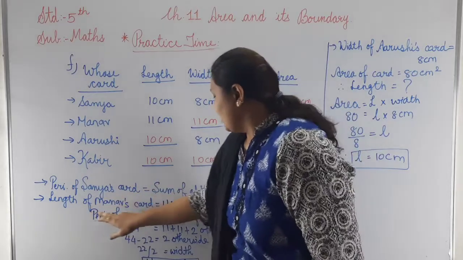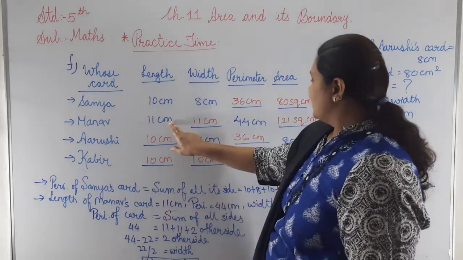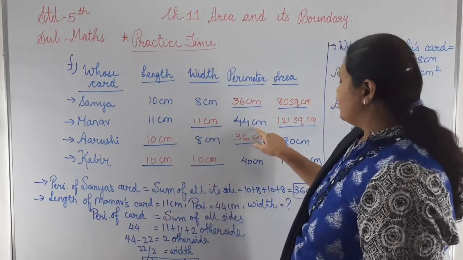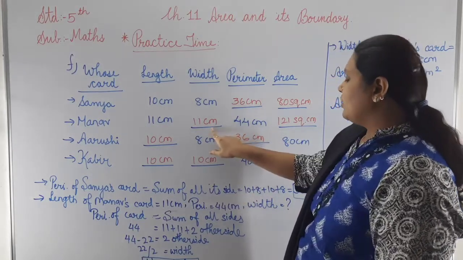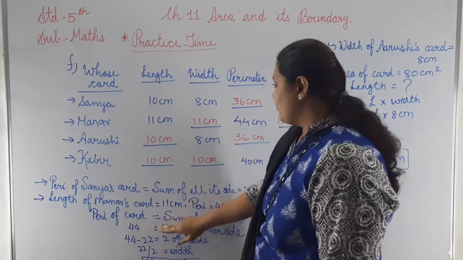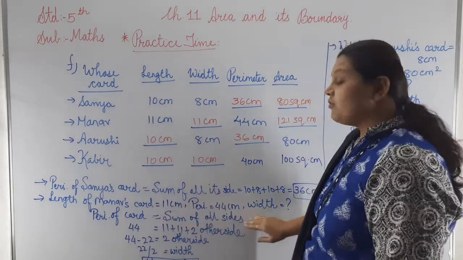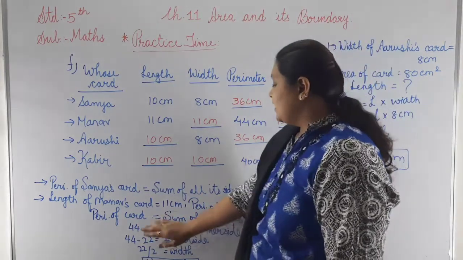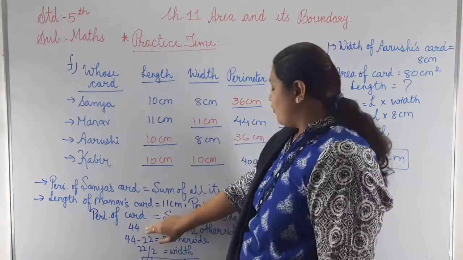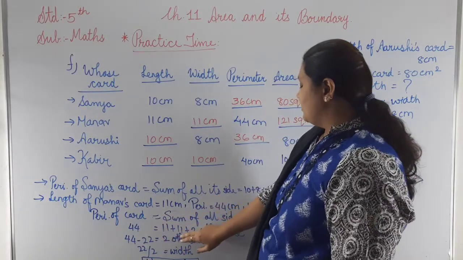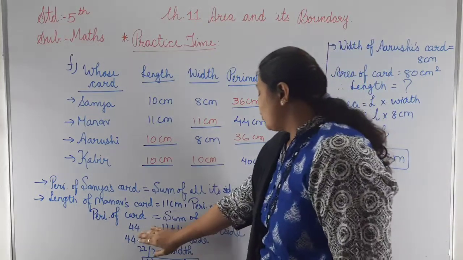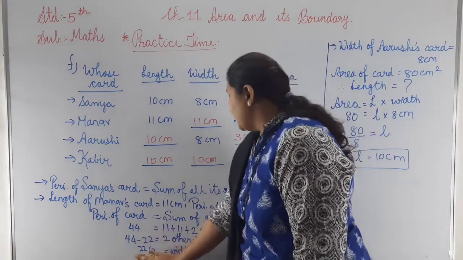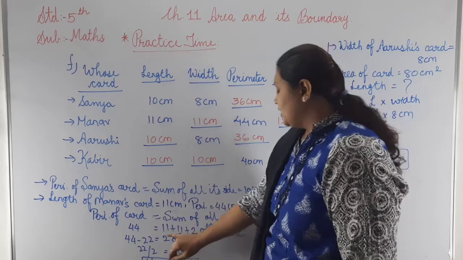Now length of Manav's card is 11 centimeter and perimeter given to you is 44 centimeter. First we will find out width. Perimeter of card is equal to sum of all the sides. Let us put the values. 44 is equal to 11 plus 2 other sides. So 44 minus 11 plus 11, 22.